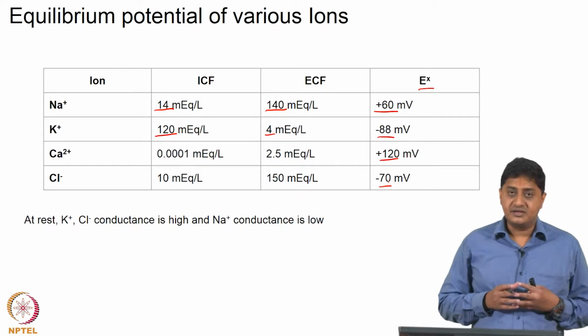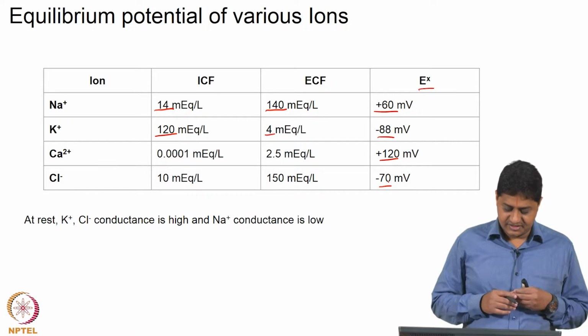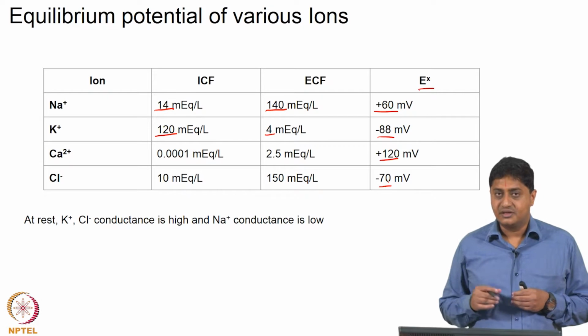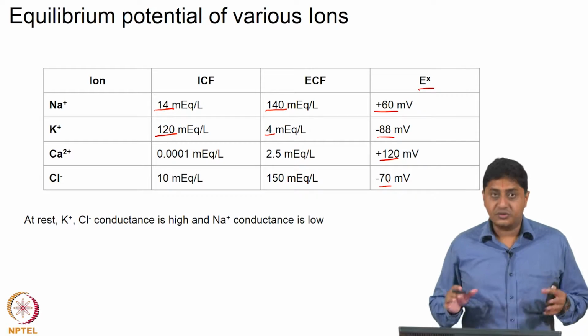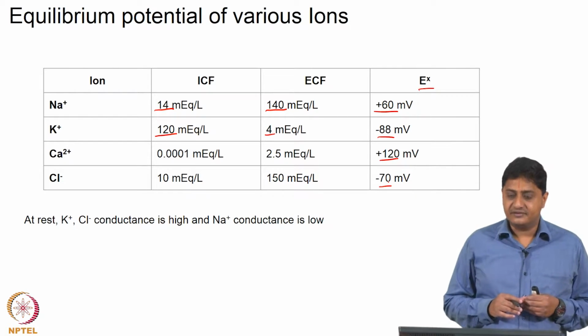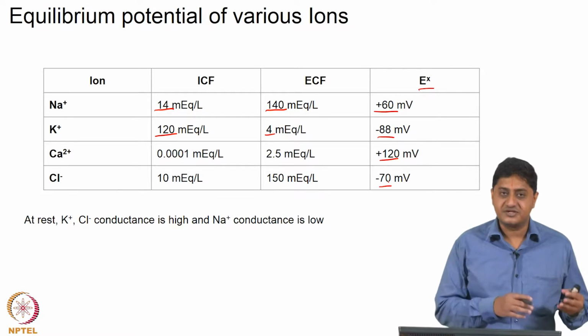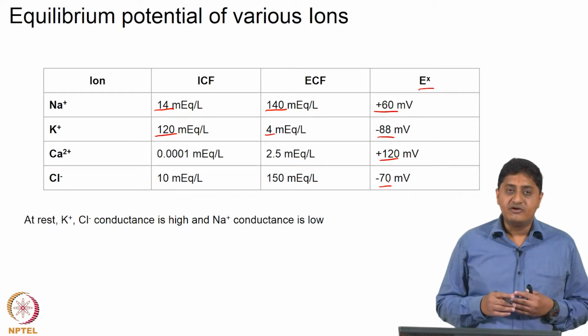And we also briefly discussed that depending on the contribution that an ion makes towards the total conductance, the equilibrium potential of that ion is expected to be closer or farther away from the membrane potential.